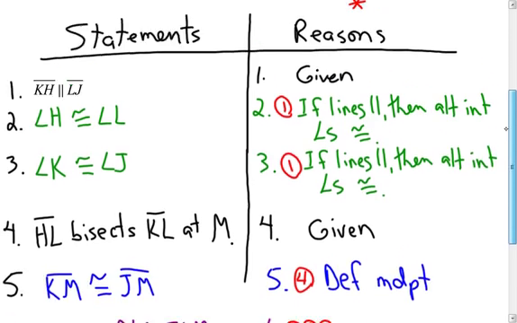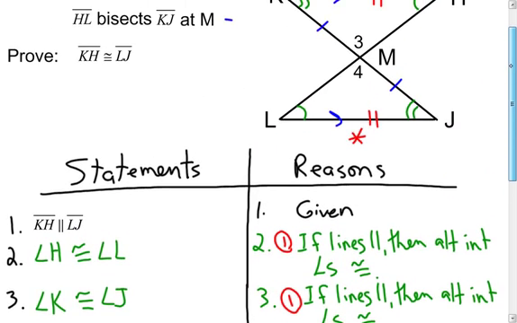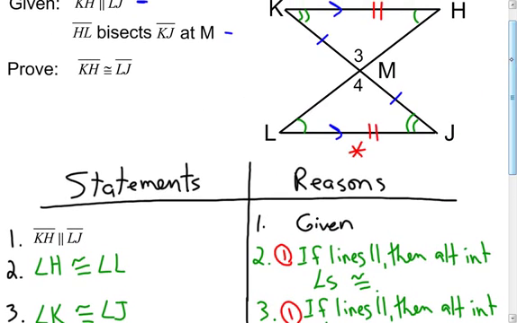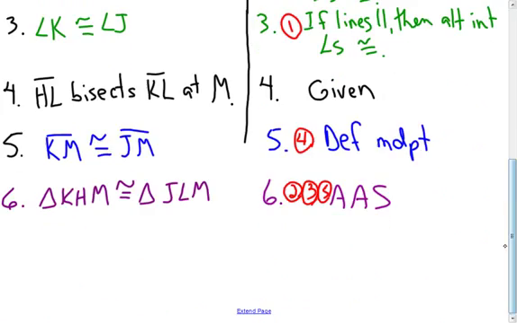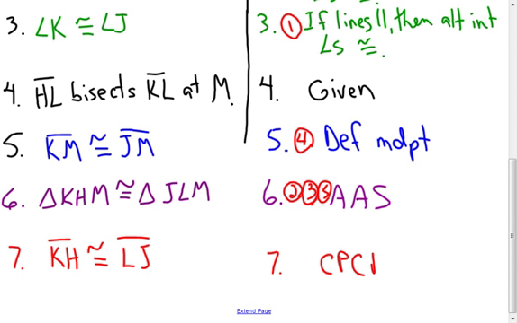And then the last thing I need to do is state what we're trying to prove, because now that the triangles are congruent, my corresponding pieces of those triangles will be congruent. So I can say that segment KH and segment LJ are going to be congruent. Segment KH is congruent to segment LJ, and my reason, CPCTC.